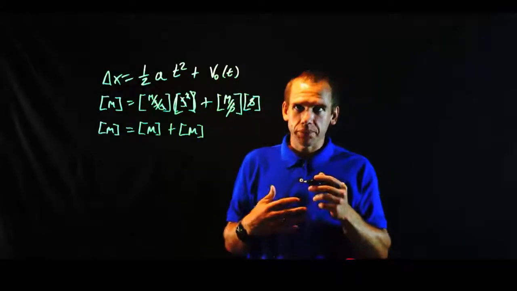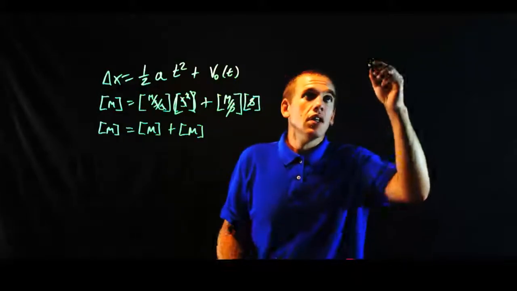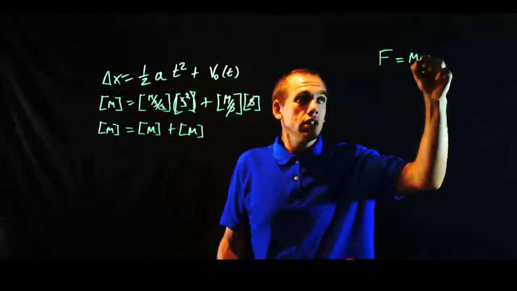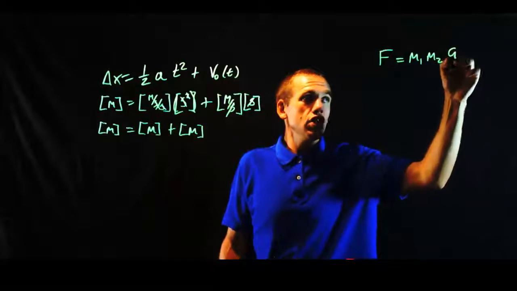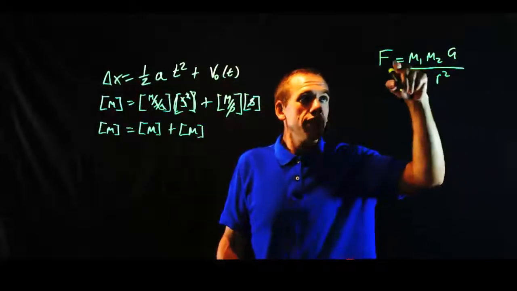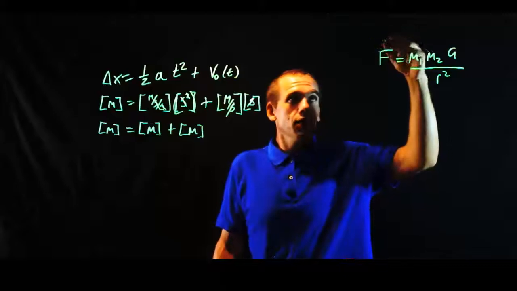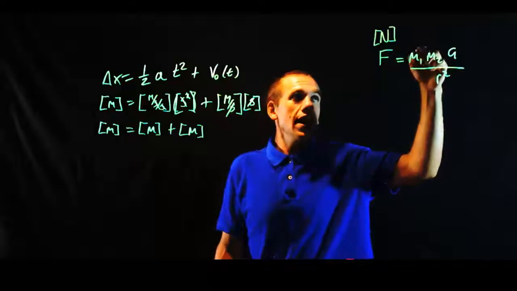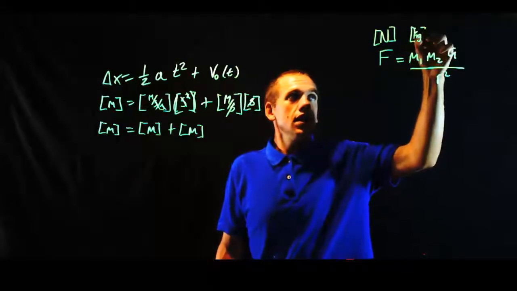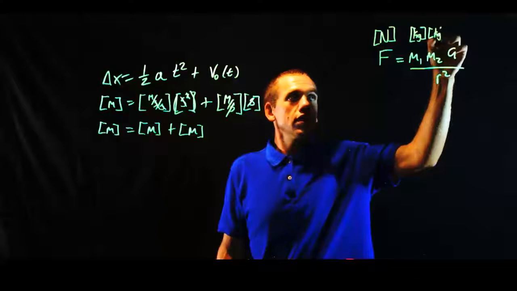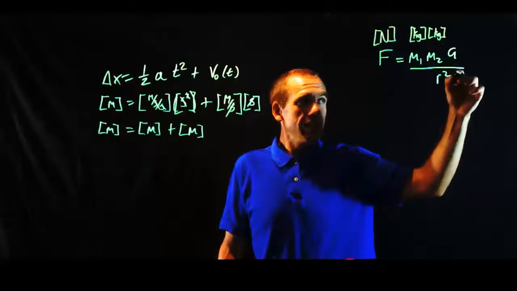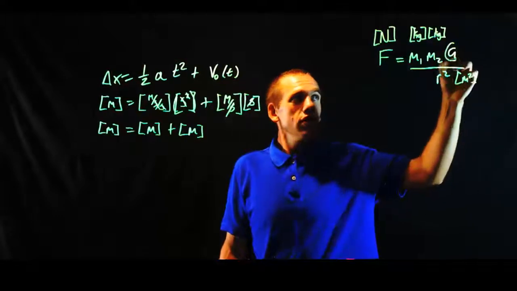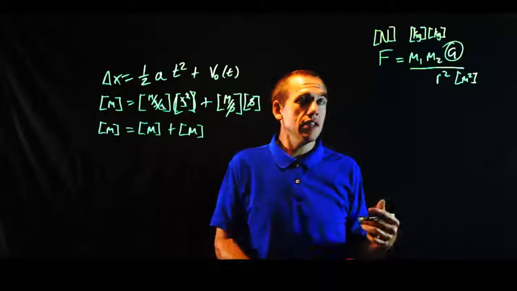So let's say I have the equation, the force due to gravity is equal to m1 times m2 times g divided by r squared, where F is force measured in newtons, and m is mass measured in kilograms, and r is a distance measured in meters, but that says r squared, so that's got to be meters squared. What are the dimensions of g to make this equation work?